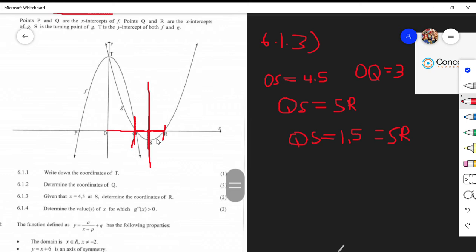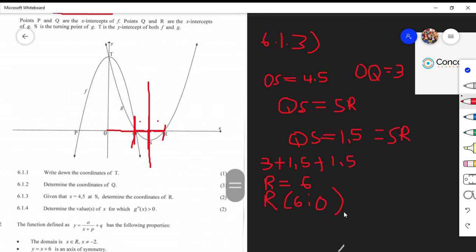So from O to Q is 3 units, we can just add them up: 3 plus 1.5 plus 1.5, and our x value of R would then be 6. So our R coordinate would then be 6 and 0.